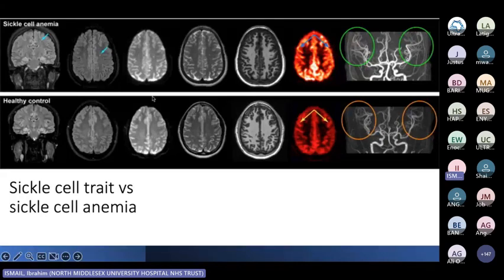But when I look at this image, what I am mostly interested in is the angiogram. As you can see here, there is a substantial amount of flow volume near the middle cerebral artery region compared to a normal control.